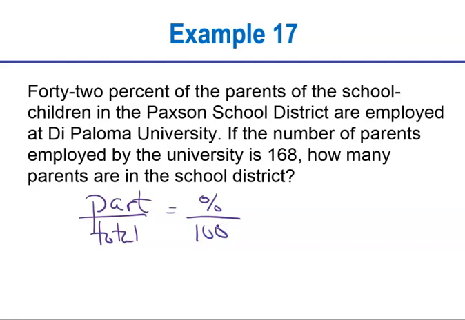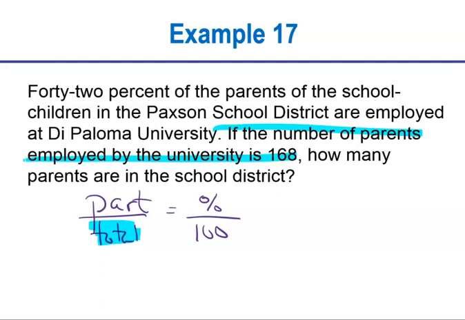All right, so let's see if we can figure this out. So what are we missing? Well, to me, it sounds like we're missing the total parents in the school district, right? We have the part, we don't have the total.